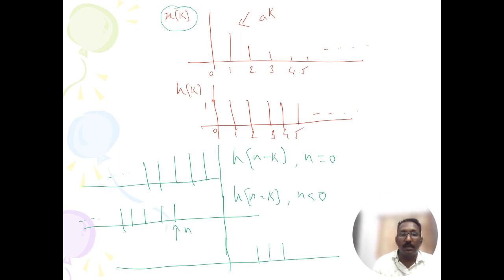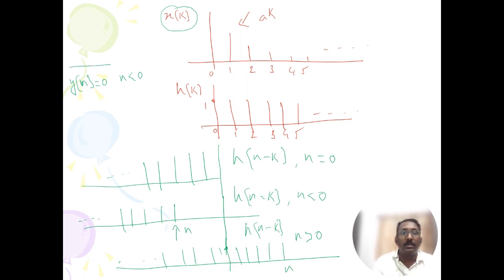Similarly, for n greater than 0, this is the graph. This indicates n. This is h of n minus k. If you observe, for as long as n is less than 0, y of n equals 0, so there will not be any overlap.